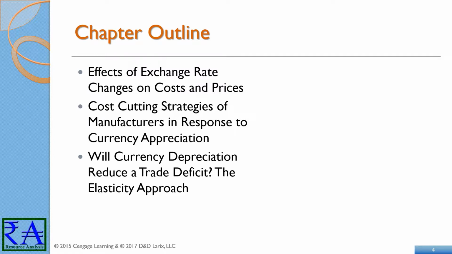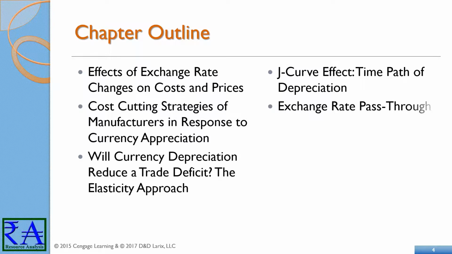According to this approach, currency depreciation leads to the greatest improvement in a country's trade position when demand elasticities are high. The time path of currency depreciation can be explained in terms of the J-curve effect and the extent to which exchange rate changes lead to changes in import prices and export prices, explained by the pass-through effect.